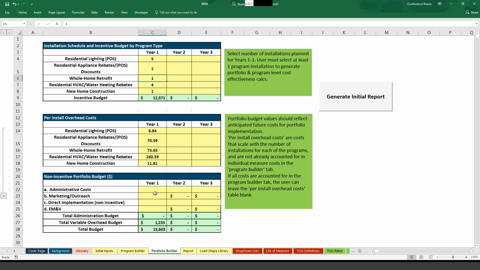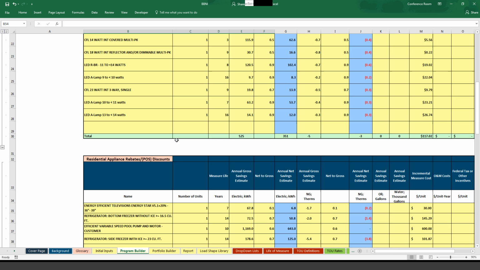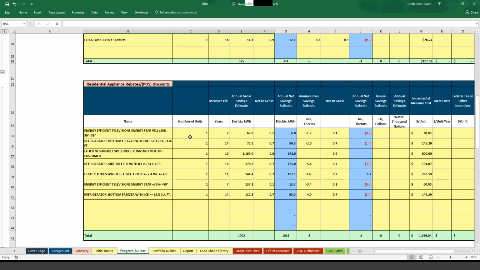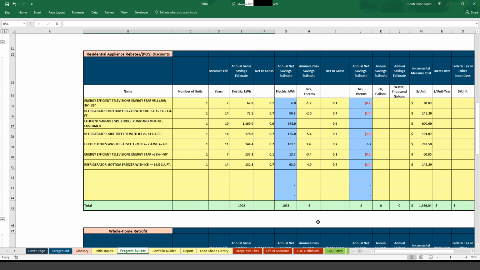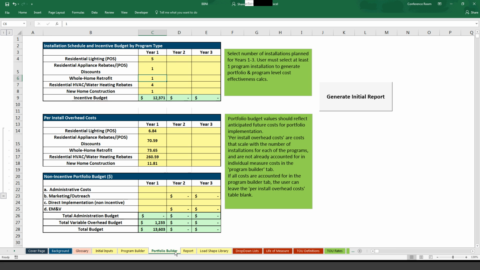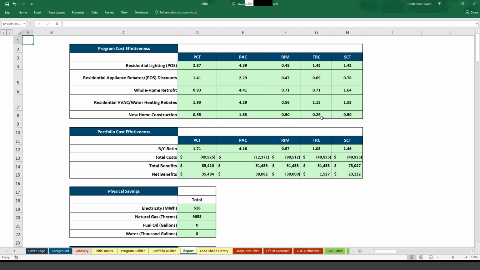So these are all similar to what we showed on the slides. One thing to note is that we did a very simple one measure per program, which obviously you can be a lot more conscious about how you design a program, and you might, for example, recall that our appliance rebates were coming out as not cost effective from the TRC.